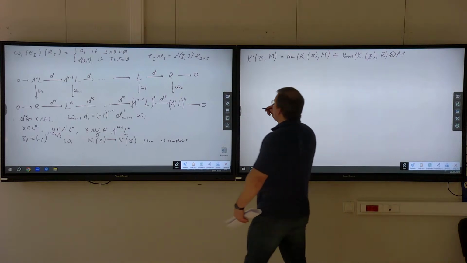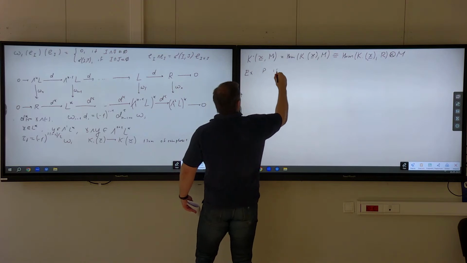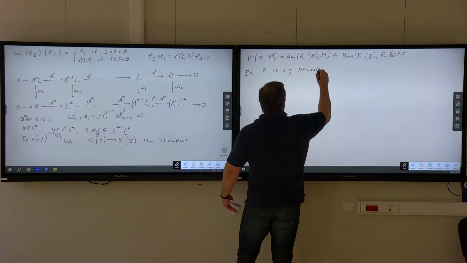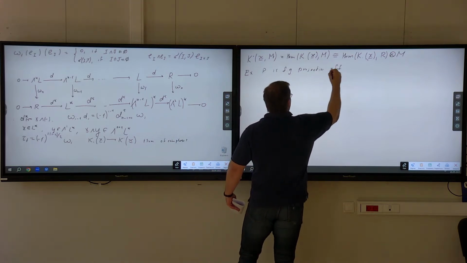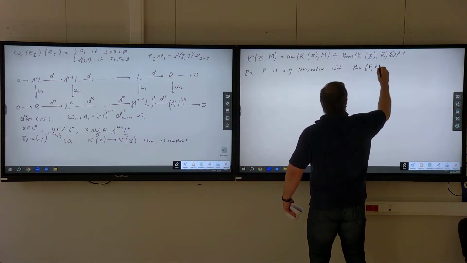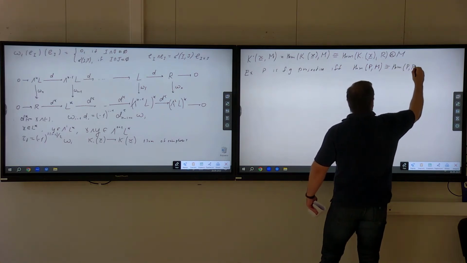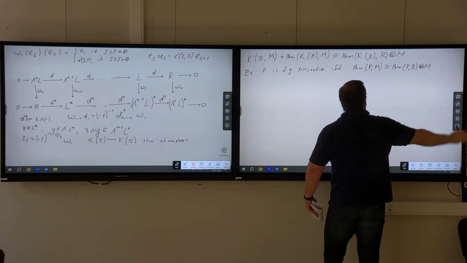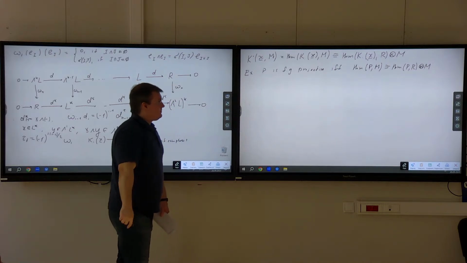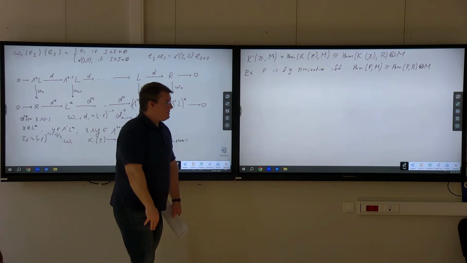The exercise, if you wish, is the following: P is finitely generated projective if and only if Hom from P to M is isomorphic to the dual of P, which is Hom from P to R, tensored over R with M. So projective modules are precisely the modules that are nice with respect to dualization.